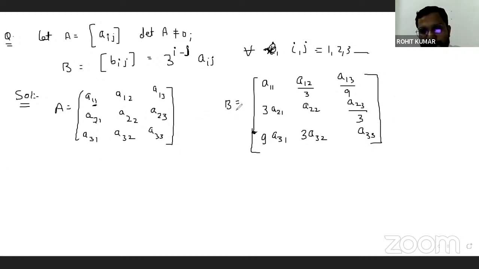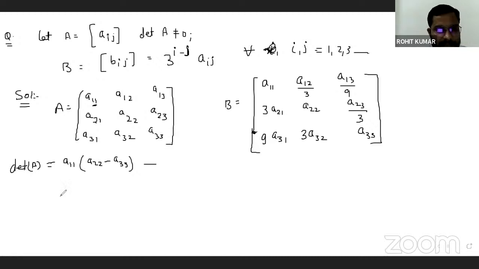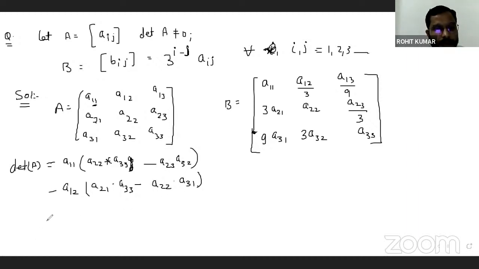So what we do is try to expand the determinant of A. A11 of A22 A33 minus A23 A32, minus A12 of A21 A33 minus A23 A31, plus A13 of A21 A32 minus A31 A22.